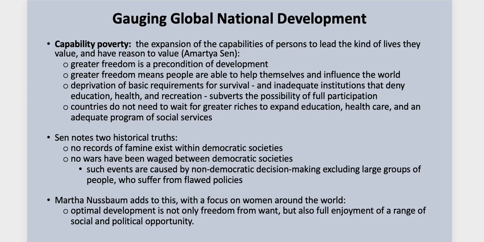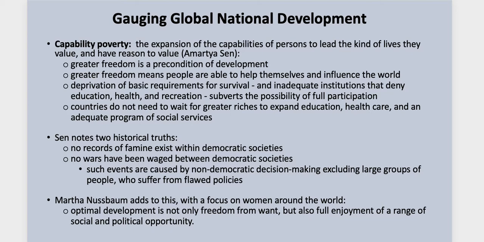Greater freedom means people are able to help themselves and to have influence on the world. To have agency. Deprivation of basic requirements for survival and inadequate institutions that deny education, health, and recreation subverts the possibility of full participation. If you look back to what we were just talking about, the traps about alleviating poverty in the fourth world, that's what he's talking about here.